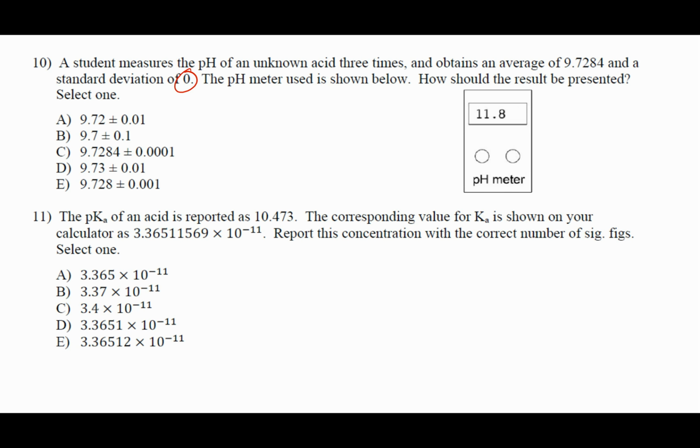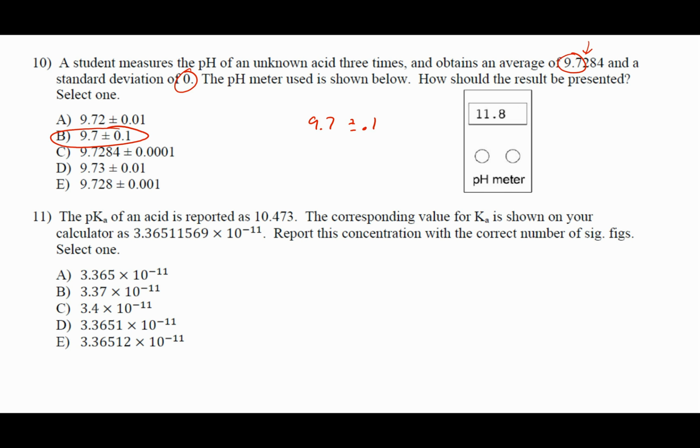You take the average, and then the standard deviation is this. Actually, technically, if you think about it, you could never actually get that number. But not the point. The pH meter is this, so our pH meter error is going to be 0.1. So our answer is plus or minus 0.1, right? So we're going to just use this, 9.7 plus or minus 0.1. Okay, moving on.